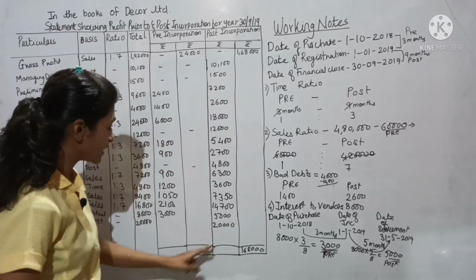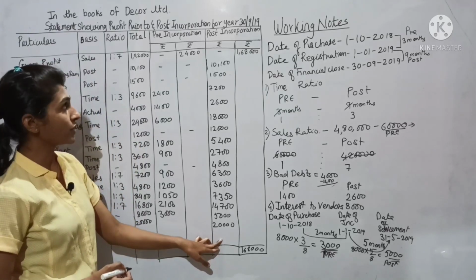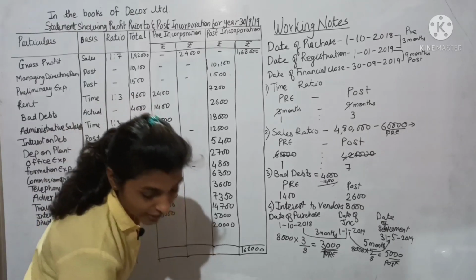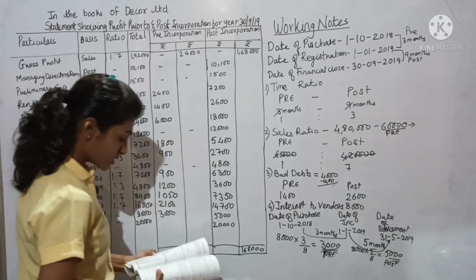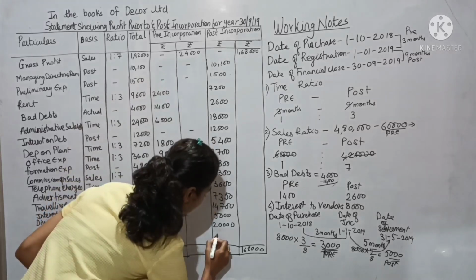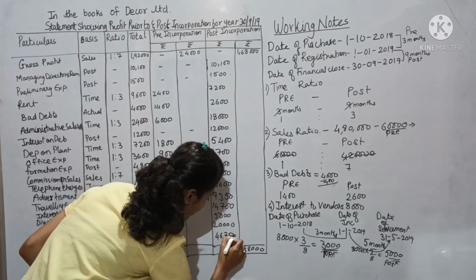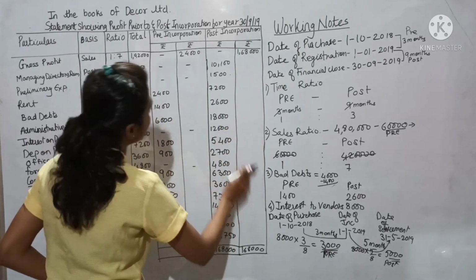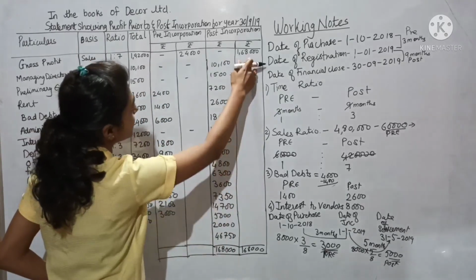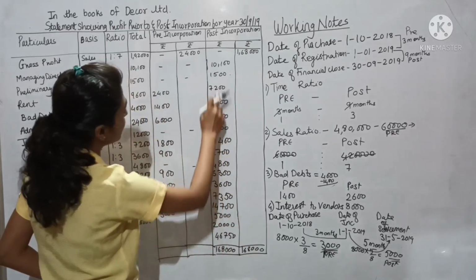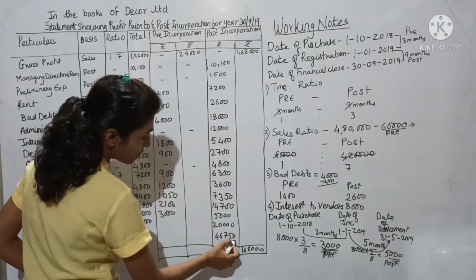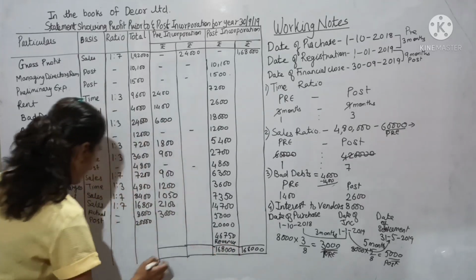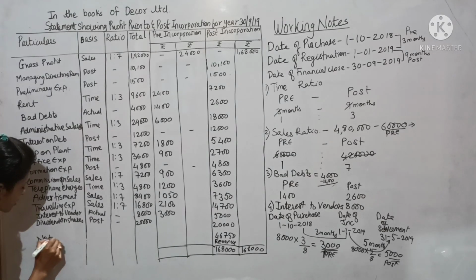Whatever the difference is will be your revenue profit of post-incorporation. So the difference you will get is 46,750. The credit side is big and the debit side is less, so whatever the difference is will be called revenue profit. Okay, write your net profit.